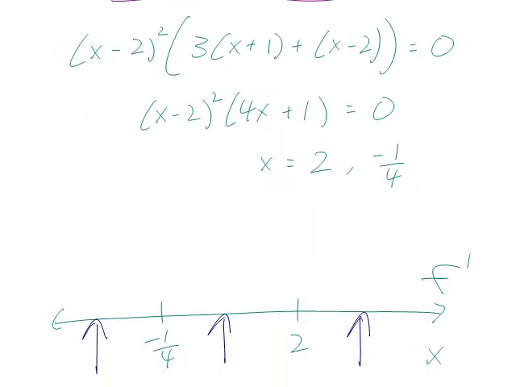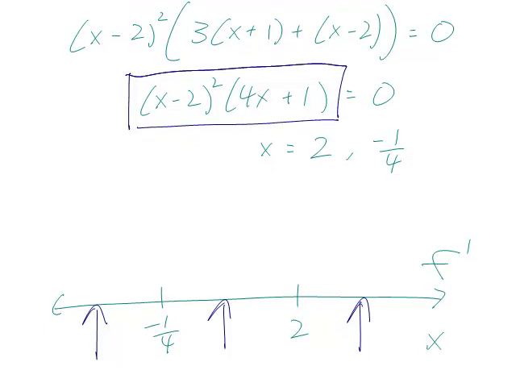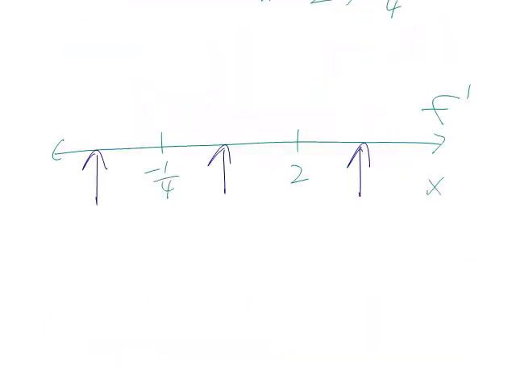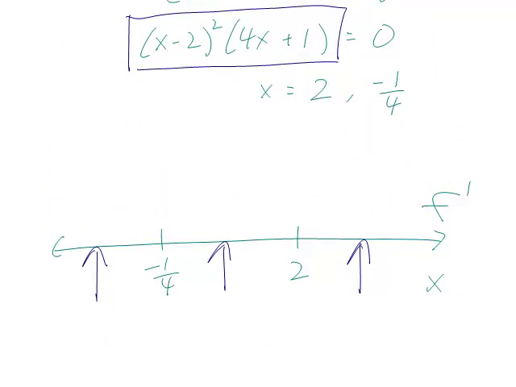It's easier to plug into the factored f prime of x. A good number after 2 to plug in would be 3. If I plug in 3, I get 3 − 2, or 1 squared, which is positive, times 4 times 3 plus 1, that's 13, which is positive. So f prime is positive here.